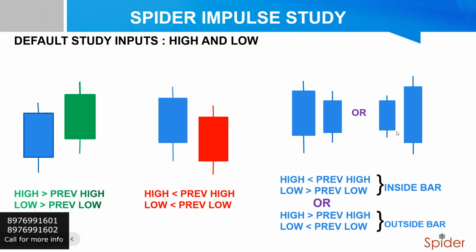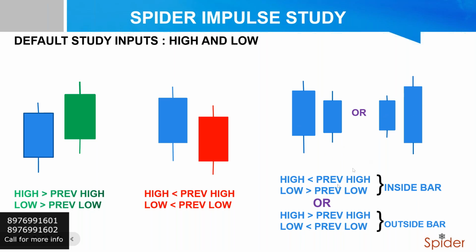So if the candle is making a lower low, it would make a red candle. Then the third criterion has two parts. There might be an inside bar or an outside bar in the trend. Inside bar and outside bar are a separate price action theory. I have designed all this theory in one technical query of Spider, and at the end I will also showcase that. When the high is less than the previous high and the low is greater than the previous low, that is an inside bar pattern, as in the first example.